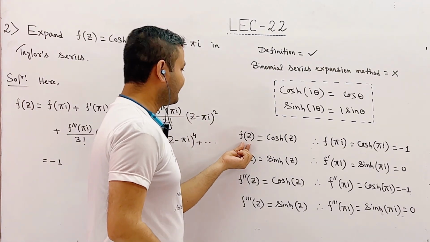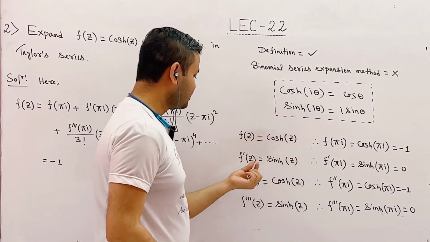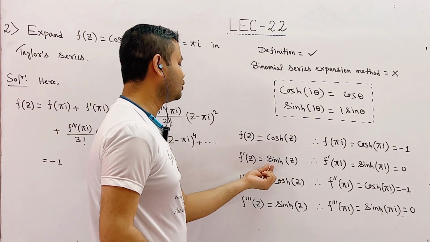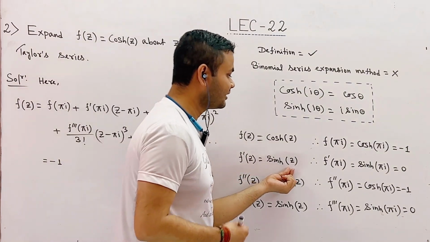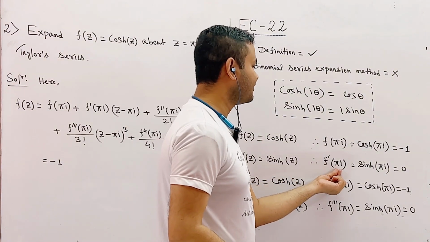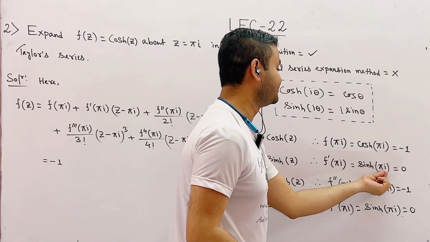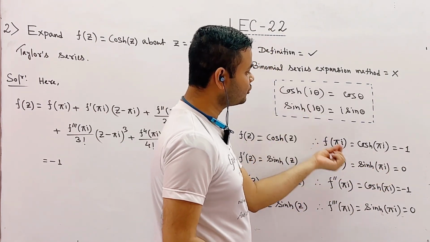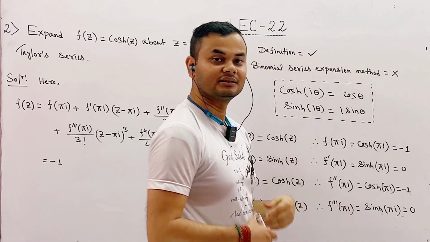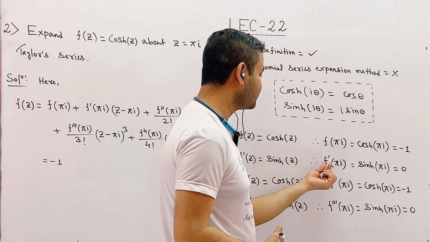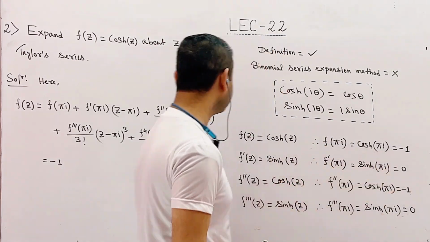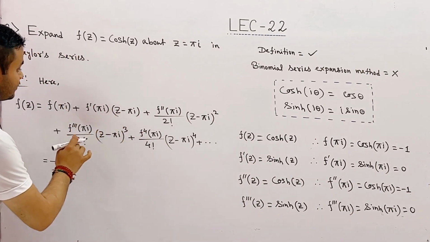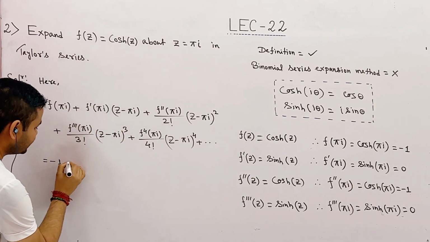Since f of z is equal to cos hyperbolic z, therefore f prime z will be sin hyperbolic z, and f prime pi iota will be sin hyperbolic pi iota, and sin hyperbolic pi iota will be iota sin pi. Since sin pi value is 0, therefore f prime pi iota will be equal to 0. So the second term will be 0.